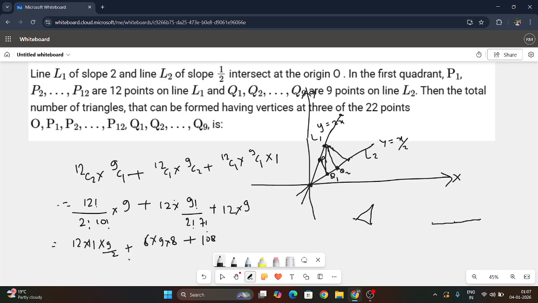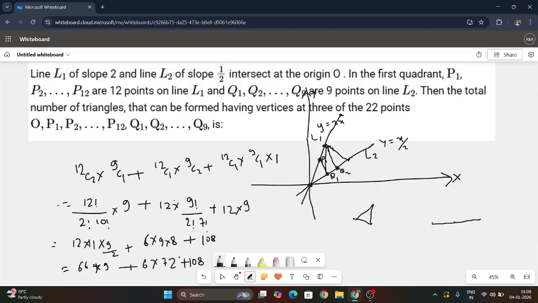12 nines are 108. Okay, so this is going to be 66 multiplied by 9, plus 12 multiplied by 36, that is 6 multiplied by 72, plus 108.